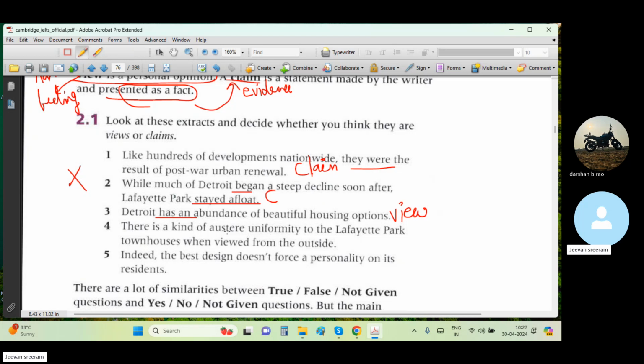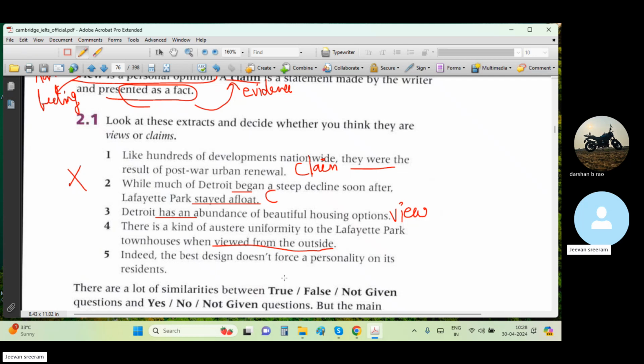There is a kind of austere uniformity to the Lafayette Park townhouses when viewed from the outside. Is it a view or a claim? View. It's a characteristic of the Lafayette Park townhouses. There is a kind of strict similarity to the Lafayette Park townhouses when viewed from the outside.